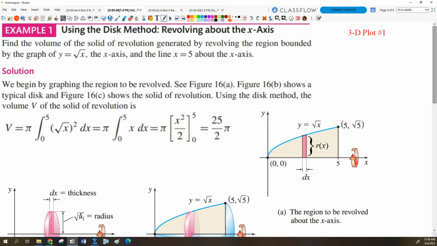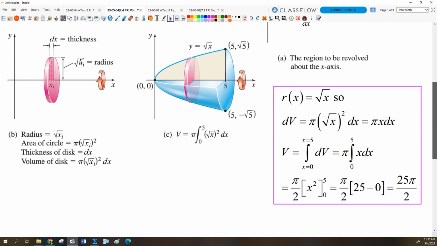I hate to take the time, but it might be useful. Are you getting the idea that when we do a definite integral, we're just adding a bunch of things up? If I'm taking the integral of dv, that just means I'm summing up all of those dv's starting at 0 and ending at x equals 5, right?